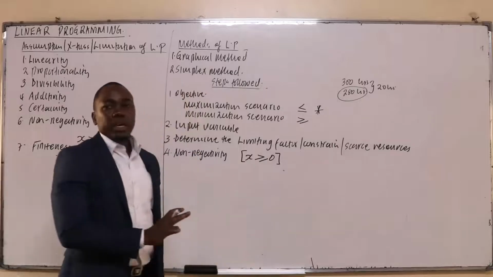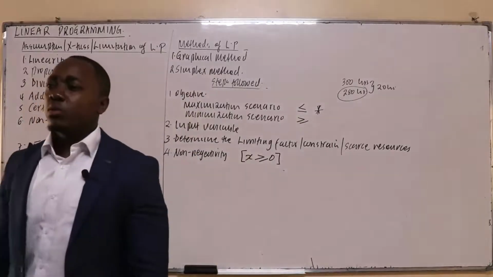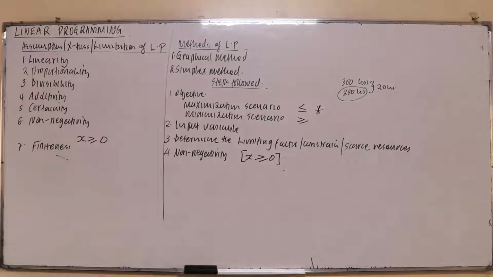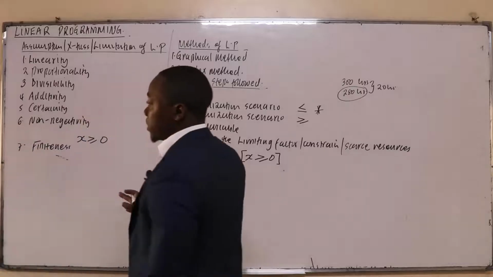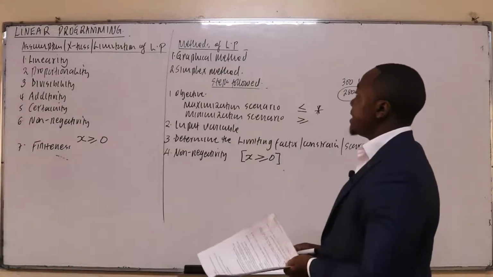That means you cannot produce a negative unit. That's what the non-negativity assumption means. Good. So those are the 4 steps to follow when solving linear programming.